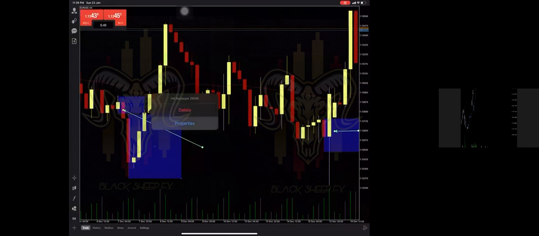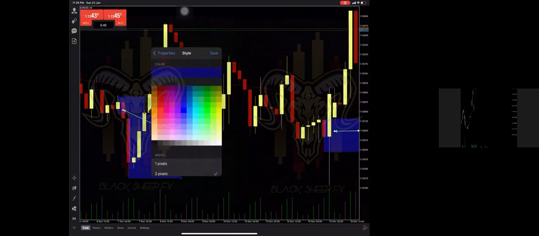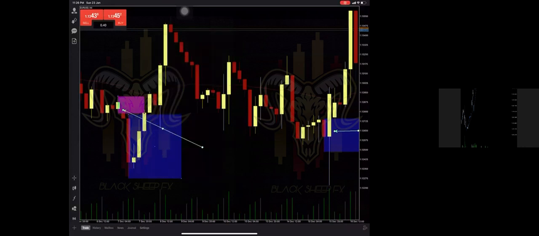Let me mark that. But at the same time, after breaking, it flew like crazy. So the buyers over here had a lot of power. But where did the bursting start to happen in this zone? It's from this particular candle, correct?